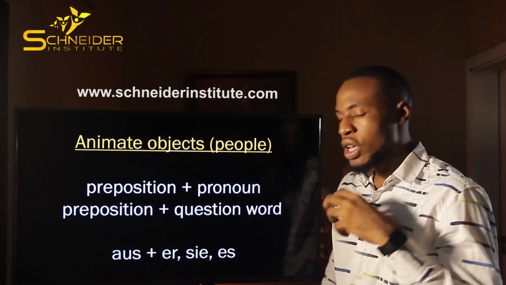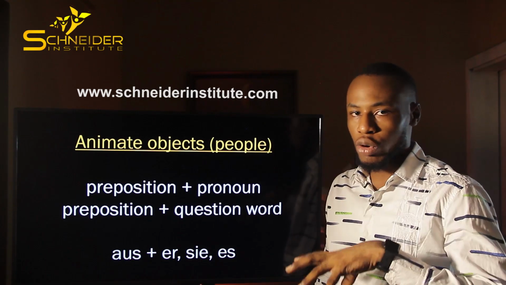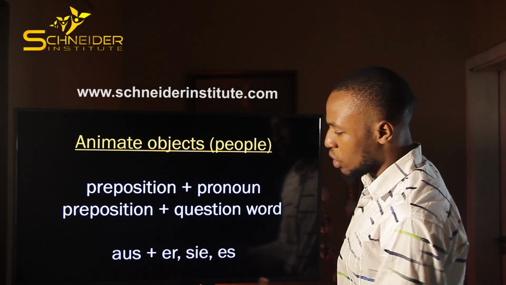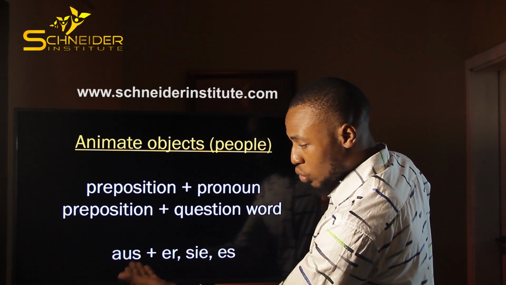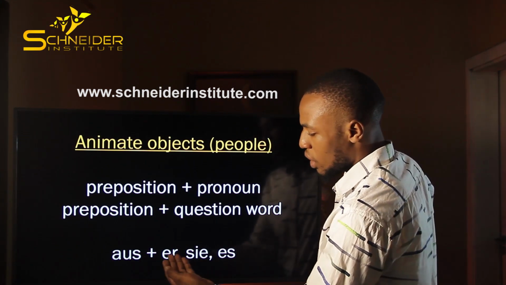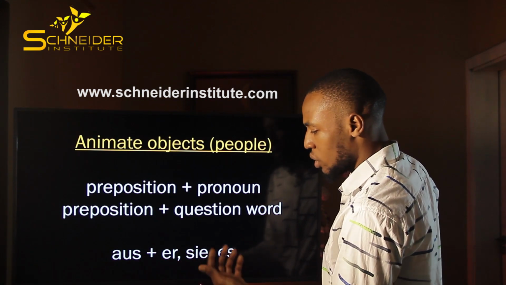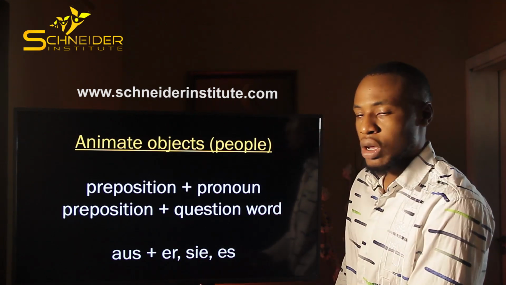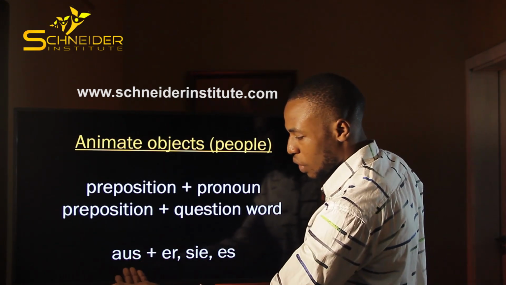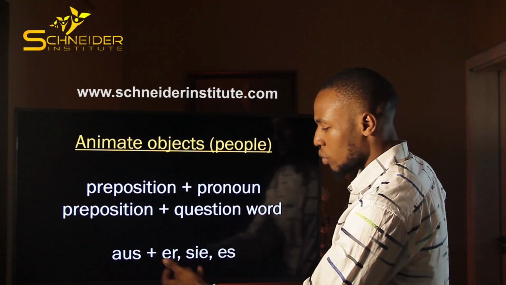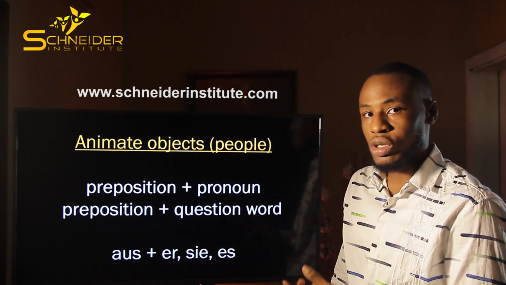You simply use the preposition and a pronoun, which in this case can be the preposition aus as an example, and then a pronoun like ihm, ihr, depending on the case in the sentence. Of course, in the case of aus, we're likely going to be looking at the dative form.